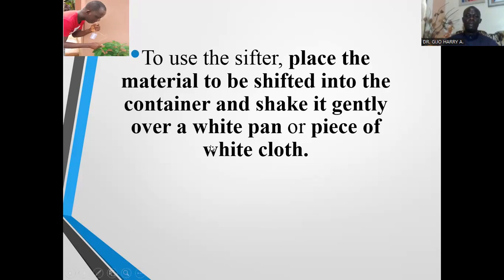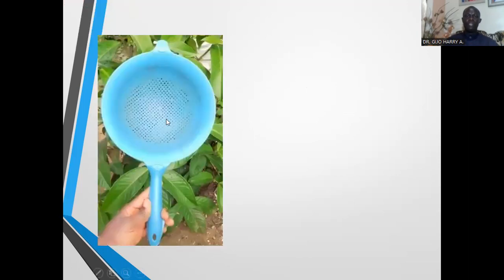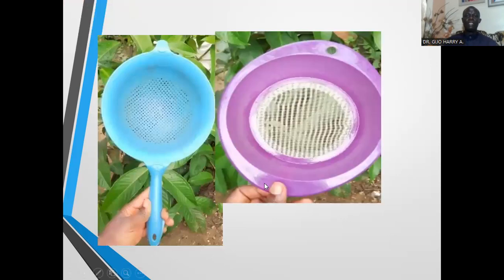As the insects and mites fall onto the cloth, they may be collected with forceps, a brush, or an aspirator. These are typical examples of sieves or sifters that can be used to collect insects and arachnids.